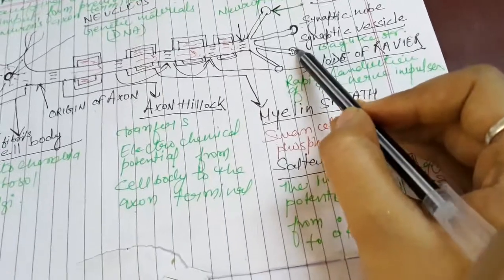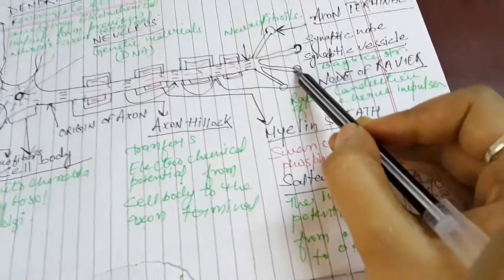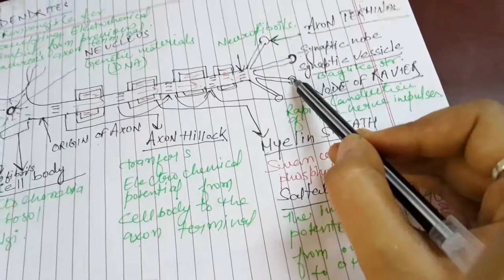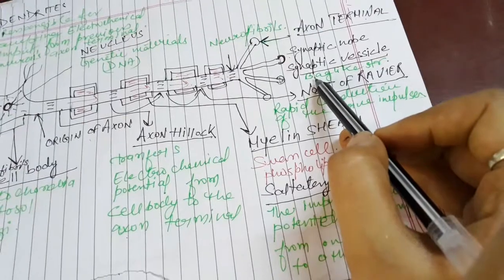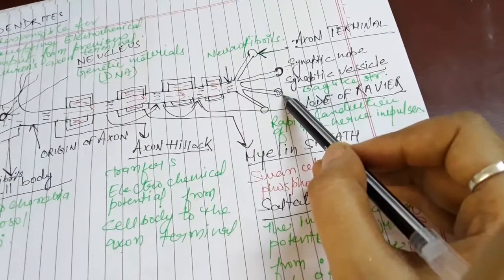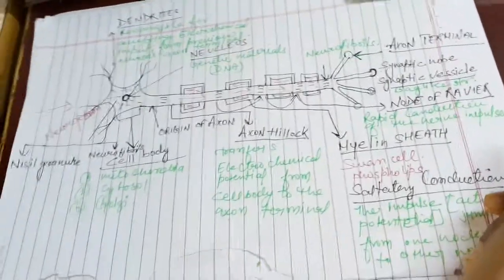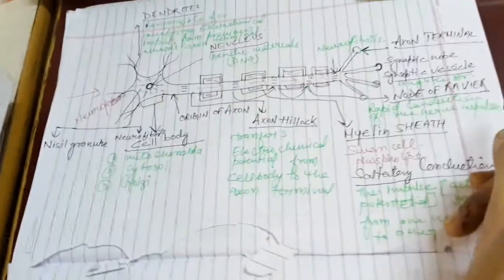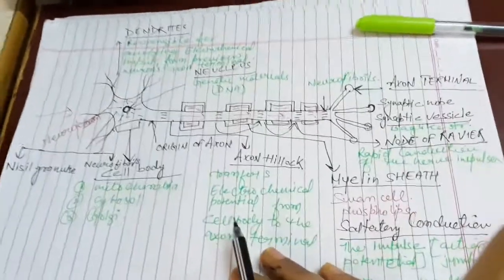The knob-like structure is called the synaptic knob, and in this synaptic knob there is a bag-like structure called synaptic vesicles, which contains neurotransmitter. In today's class we have discussed till here.